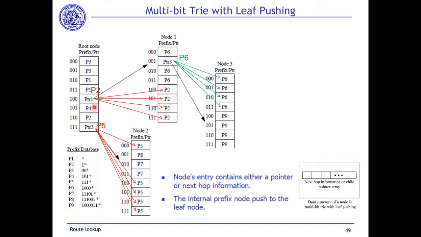And then here there was P6, but P6 is projected down, so you have space for the pointer, and that's all. Okay. So now the memory size is exactly half of the previous case. So we have saved memory. The lookup complexity is exactly the same, okay, because nothing changed.